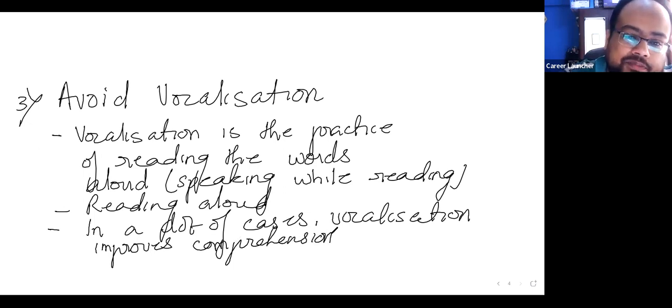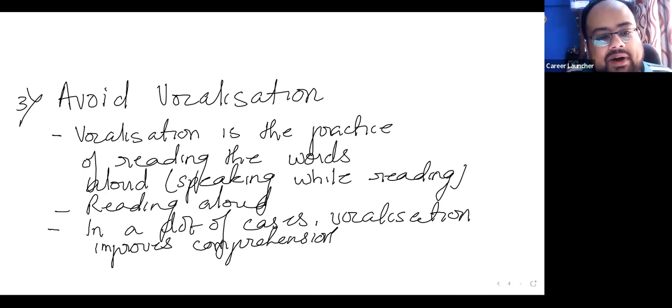That is why a lot of people read aloud: vocalization does improve comprehension. Even when I was in school, I was taught that if you are not able to understand what has been written, read it aloud, comprehension will improve. And believe me, that happens for a lot of people.